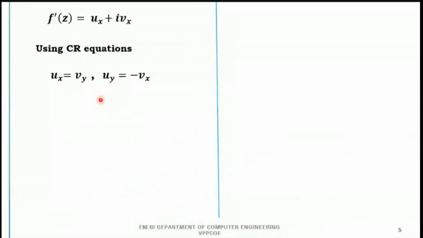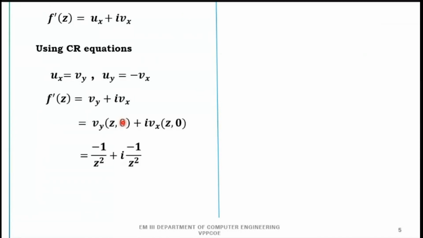So I can replace ux by vy in this f dash of z, substituting for vx and vy, and then integrating the function to get f of z. Vx, Vy both are minus 1 by z square. So replace Vy by minus 1 by z square, Vx also by minus 1 by z square, and then integrate both the terms to get the function f of z.